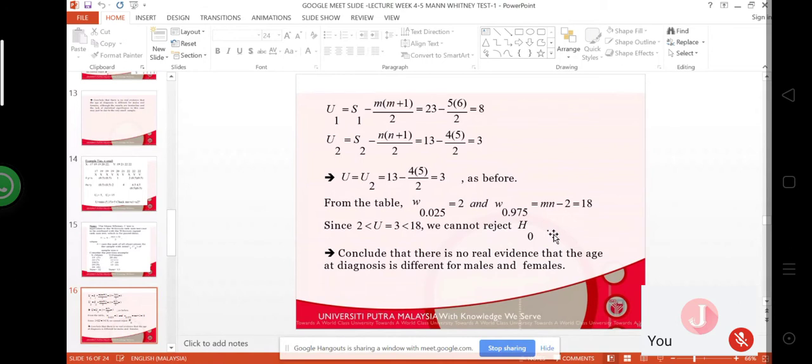You want to use this method or the method of comparison, I have no objection. But if the question asks you specifically to use the comparison method, then you have to use the comparison method. All right?